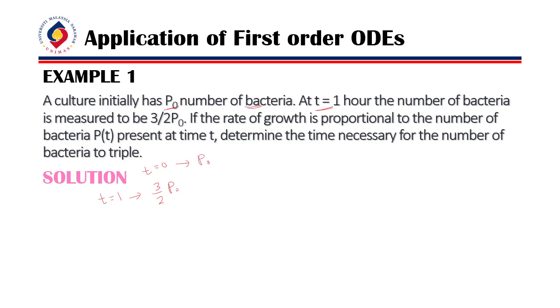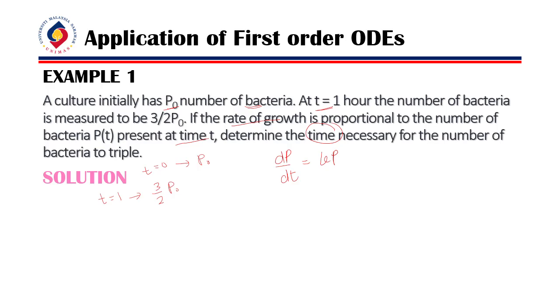If the rate of growth is proportional to the number of bacteria at time t, we know that when it's proportional, dP/dt equals kP. Determine the time necessary for the number of bacteria to triple. So this question wants you to find the time.